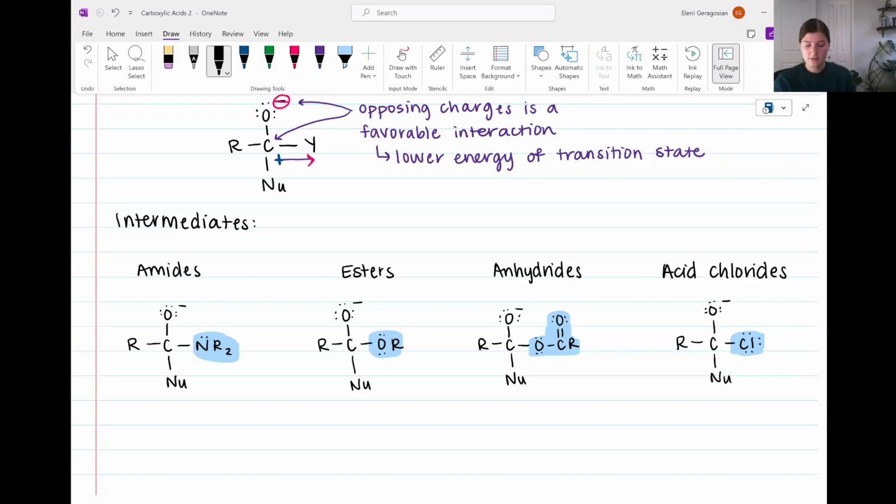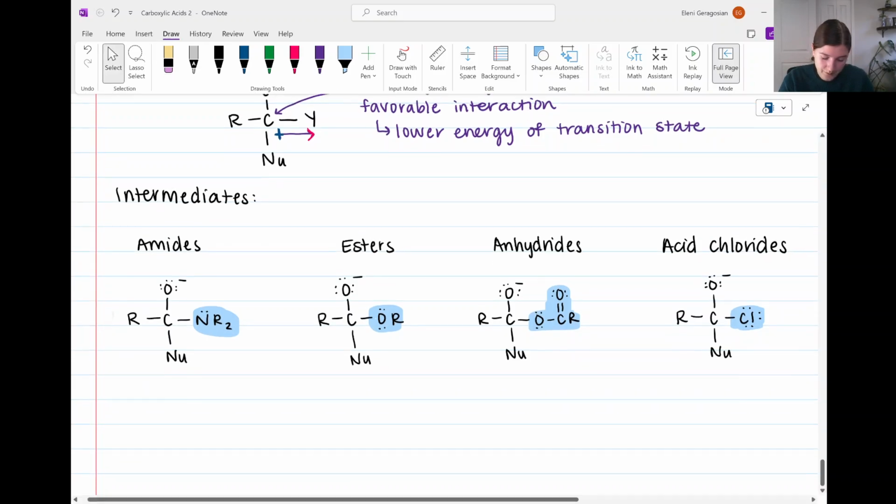In anhydrides, we have another oxygen, but with this carbonyl right here, and so that carbonyl contributes to electron withdrawing. Remember, carbonyls are electron withdrawing groups. And then lastly, we have chlorine, which is even more electronegative, pulls electron density away from that carbonyl carbon.